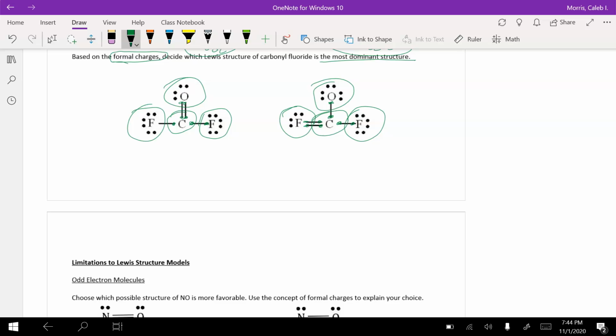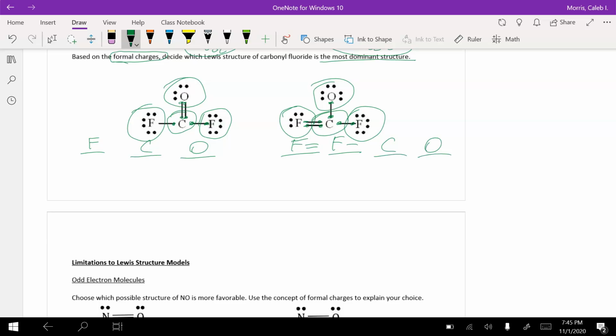All right, and we want to write down our elements. So we've got fluorine, carbon, and oxygen. Over here we have fluorine with a double bond, fluorine with a single bond, we have carbon, and we have oxygen.